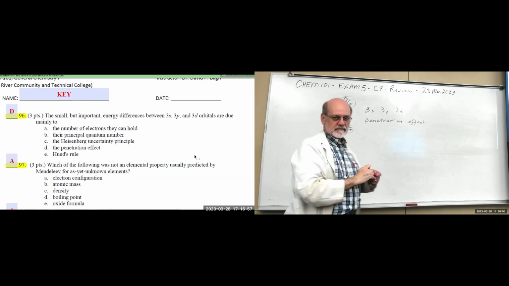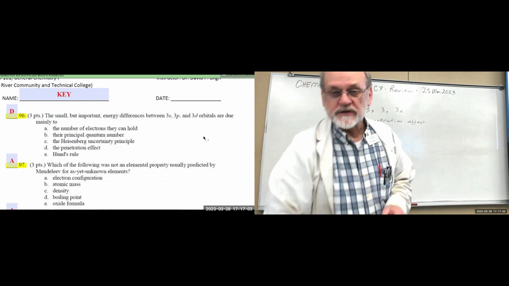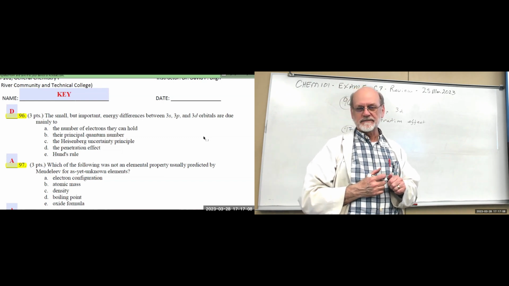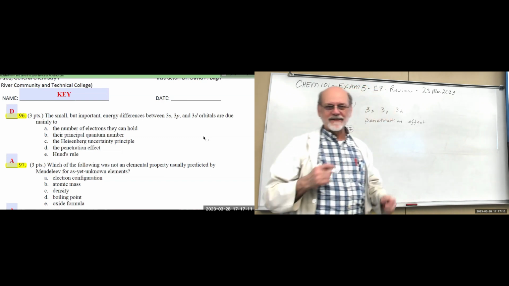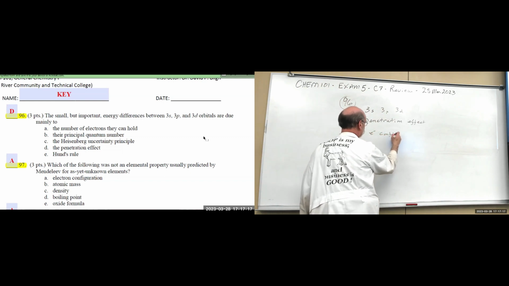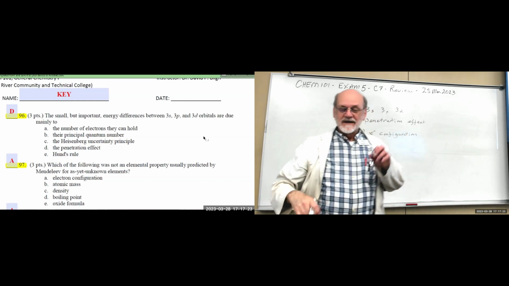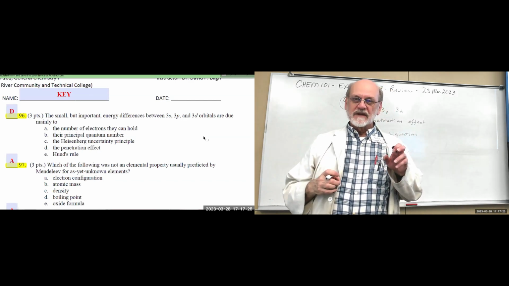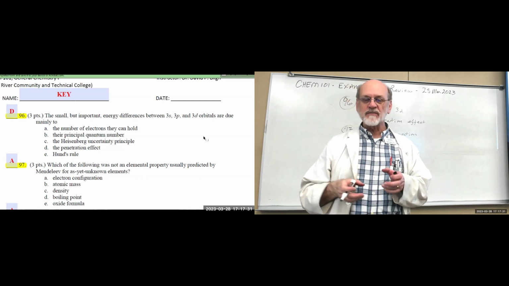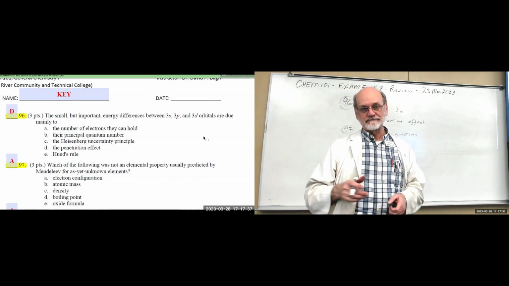How about 97? Which of the following was not an elemental property usually predicted by Mendeleev for unknown elements? A, electron configuration. All right. When Mendeleev was active, there was no understanding whatsoever of the internal structure of atoms. Subatomic particles had not been described.